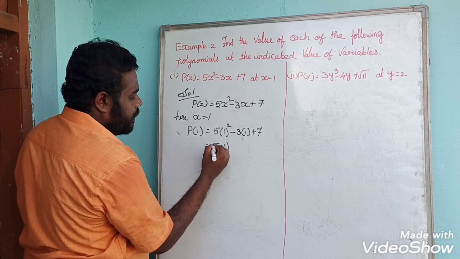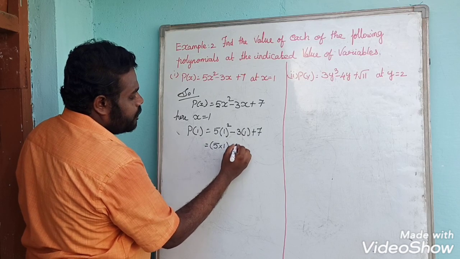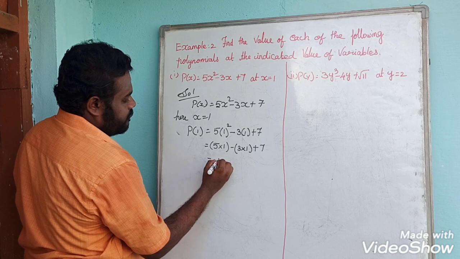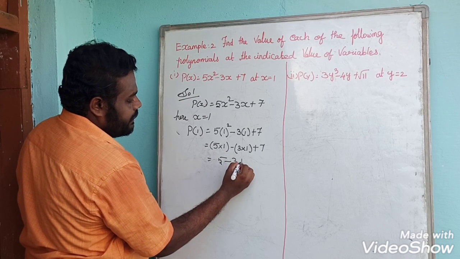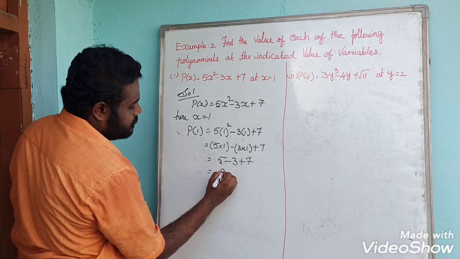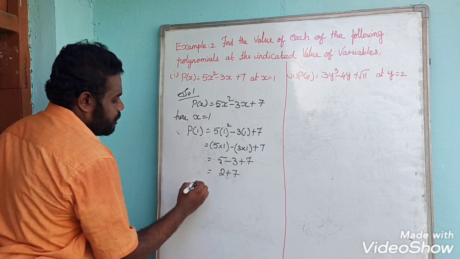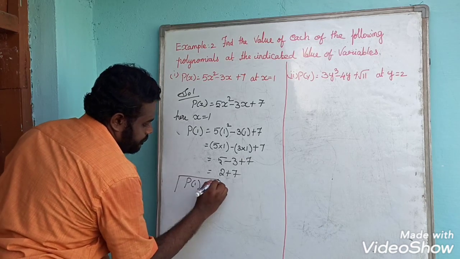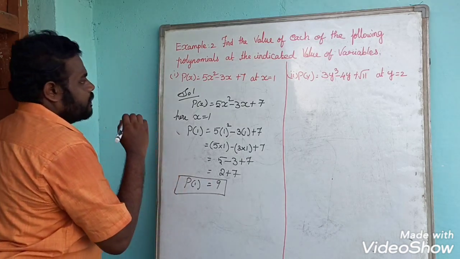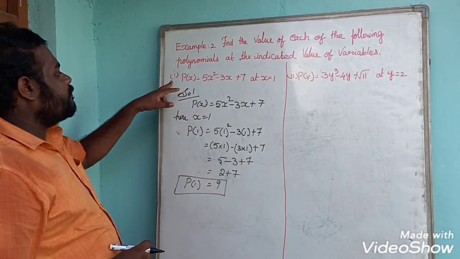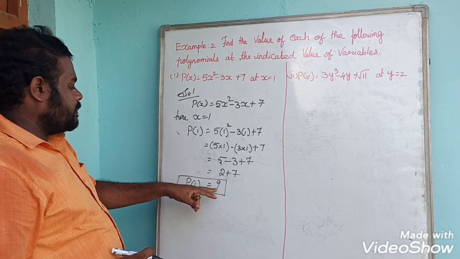So 5 into 1 minus 3 into 1 plus 7. So 5 minus 3 plus 7. So 5 minus 3 we get 2 plus 7. So p of 1 equal to 9. So we have to substitute instead of x, and we get the value of p of x equal to 9.